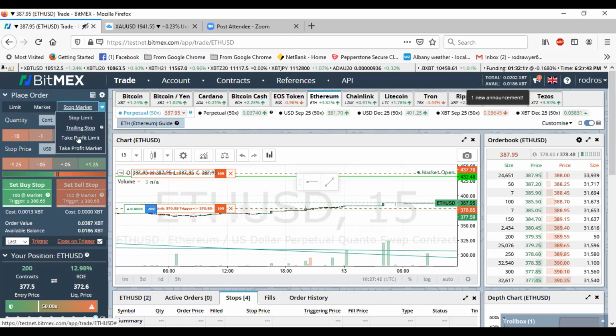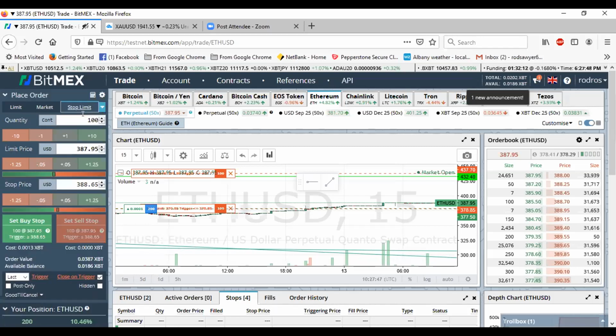If you use the stop limit one, now you've got to put in the price that you want it to activate at and the price you want it to close at, which makes it more confusing as well. Generally you'd have them the same, at 388 and 388. So when the price hits 388, it's going to close at 388.